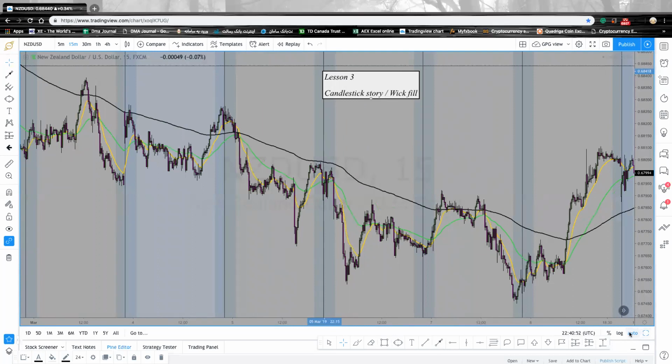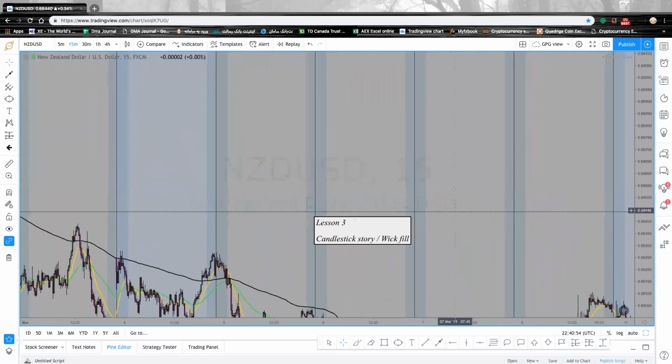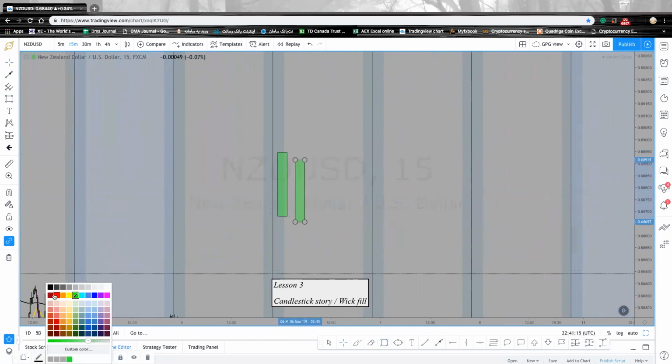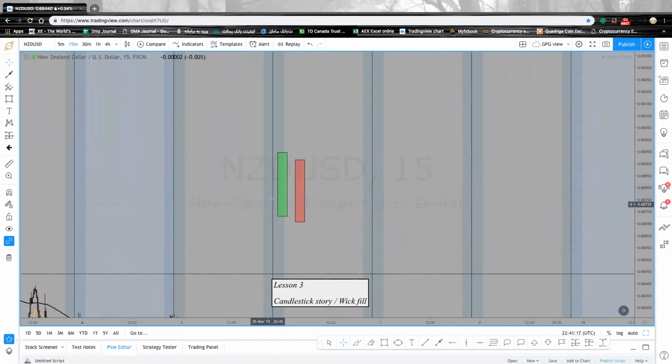Okay? So let me draw some stuff here. Like most of my lessons, first let's have some drawing. So imagine this is a green candle and this one a red one, a bearish candle. Okay, good.